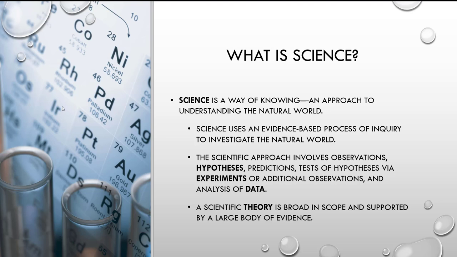Okay, so we always notice something around us and we ask questions, and then we kind of think about it and come up with a guess, make predictions, and then we conduct an experiment to test that hypothesis. And then we gather data, which either helps us support or reject our hypothesis. So that's a scientific method.